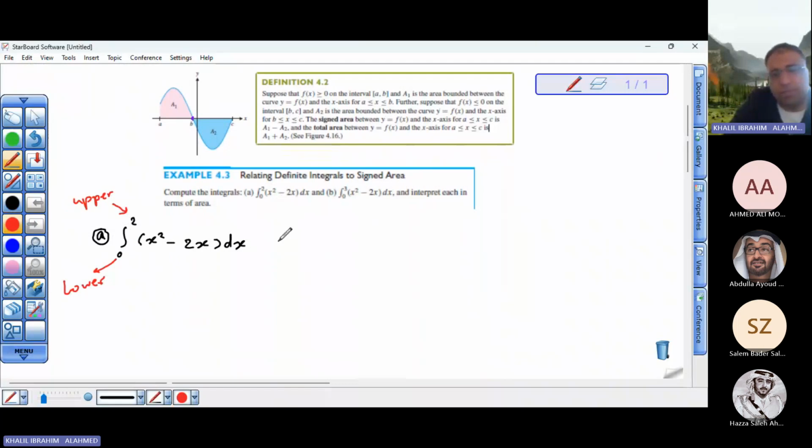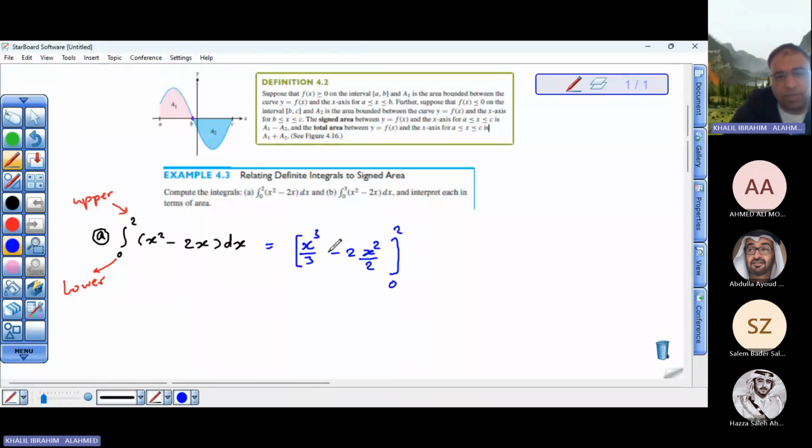Be careful about this. This is how to find the shaded area. This equals integration: x to the power 3 over 3 minus 2x squared over 2, from 0 to 2.